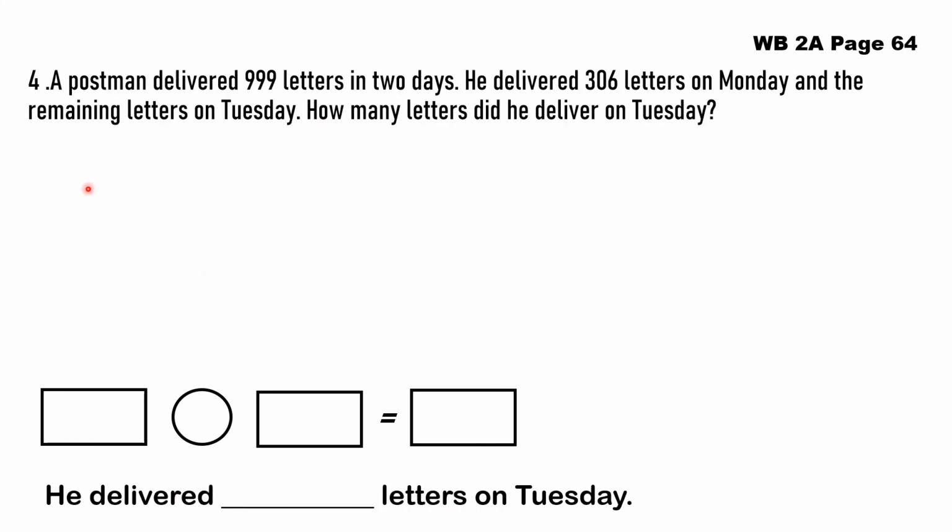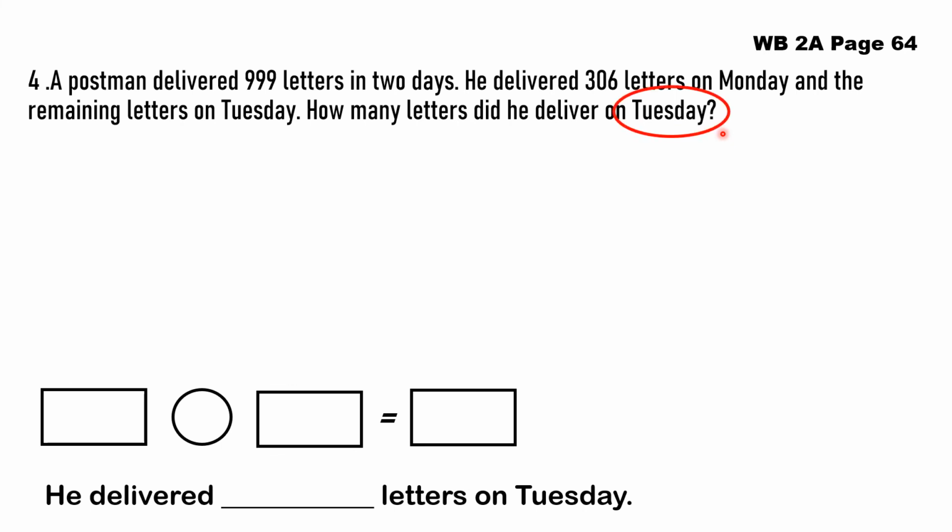Okay, let's go to the last question on page 64, where a postman delivered 999 letters in 2 days. He delivered 306 letters on Monday and the remaining letters on Tuesday. How many letters did he deliver on Tuesday?